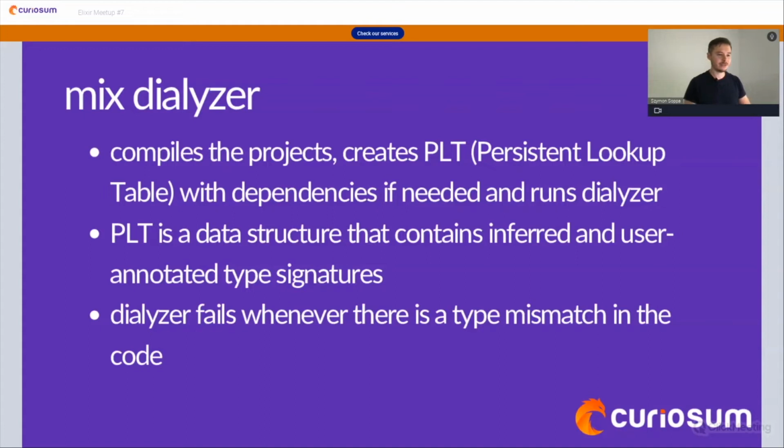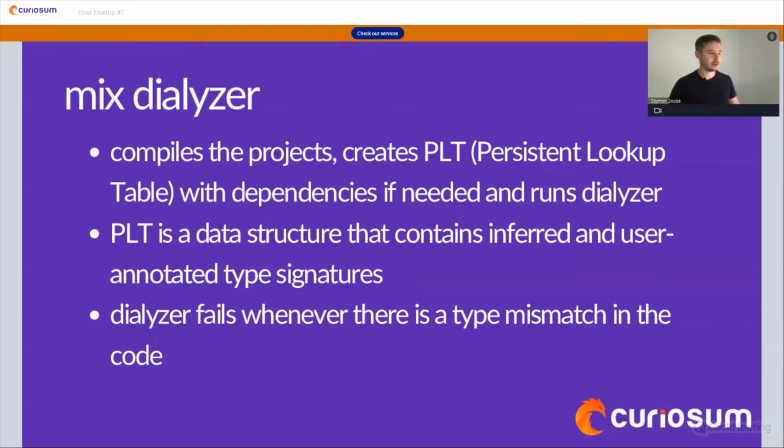So even if you don't have user annotated types in your project, so you do it with spec, Dialyzer is still a useful tool because it tries to predict whether there are type mismatches in your project based on what you have. So even if you don't have any specs in your project, it's still something that you can consider adding.